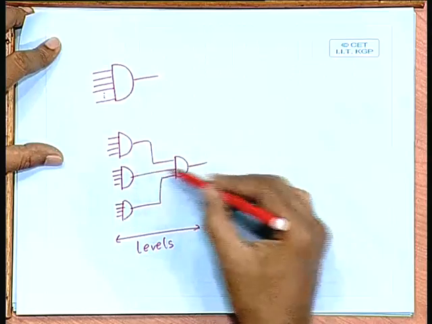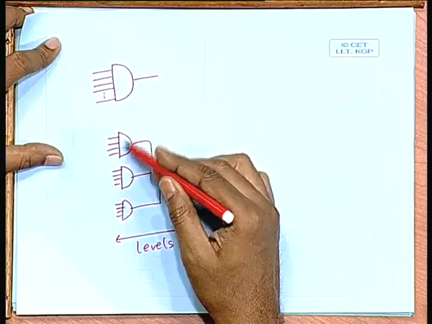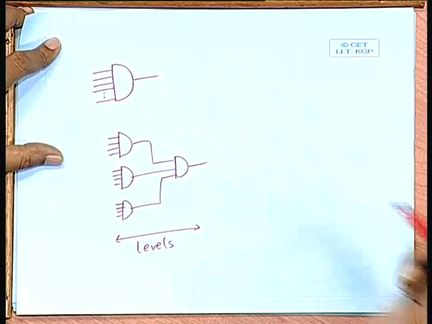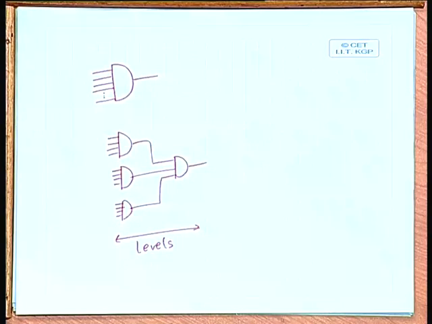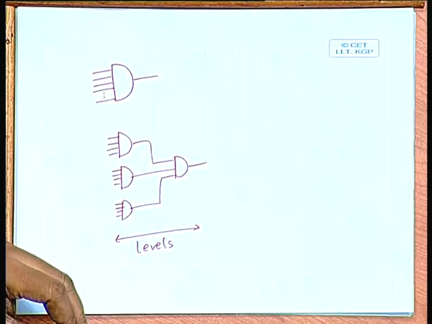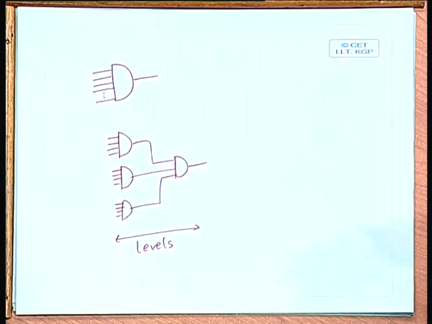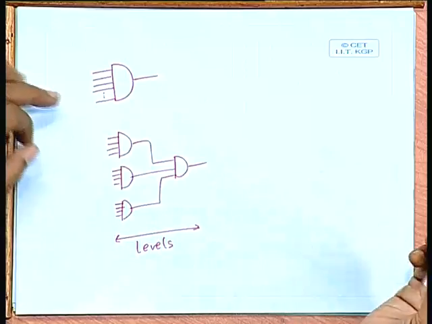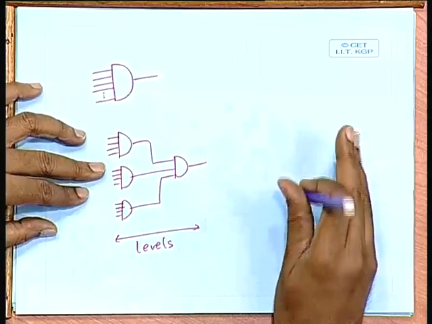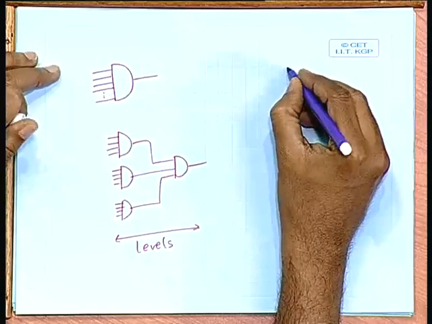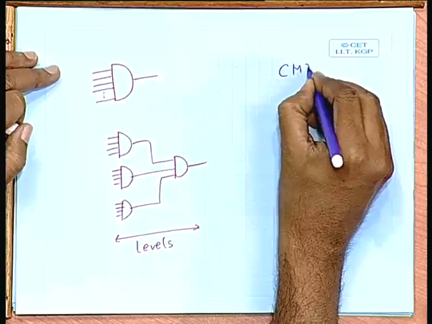Apparently I am also increasing the delay because the number of gate delays is more, but this is not true. Why? Because you try to understand that gates are typically implemented today on chips using MOS technology, typically CMOS.